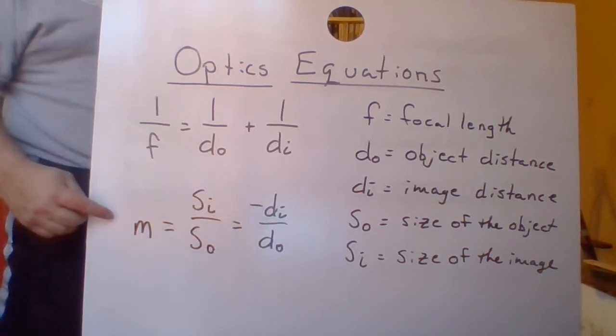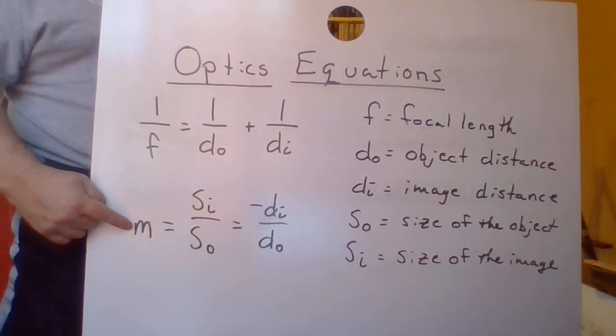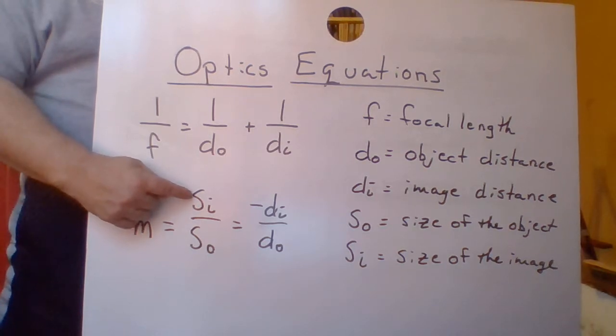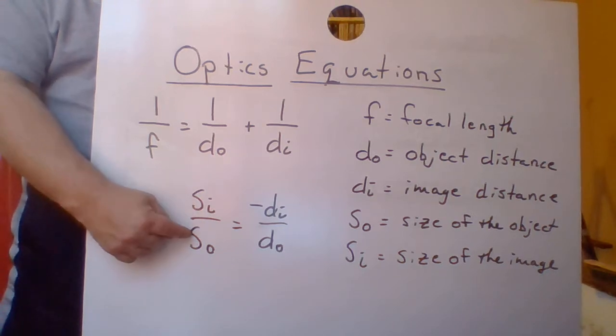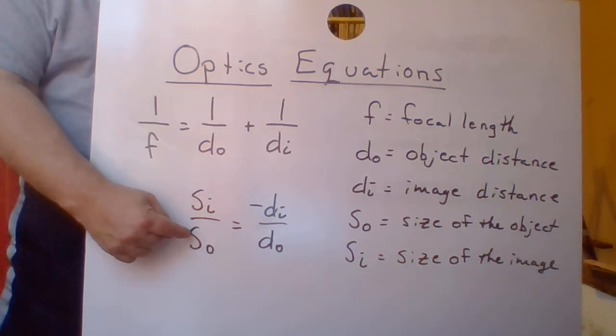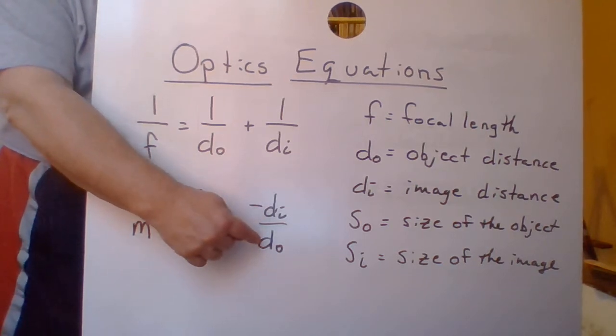This equation down here is called the magnification equation. M is the magnification factor, and S_I over S_O is the ratio of the size of the image to the size of the object, and that is equal to the ratio of the image distance to the object distance.